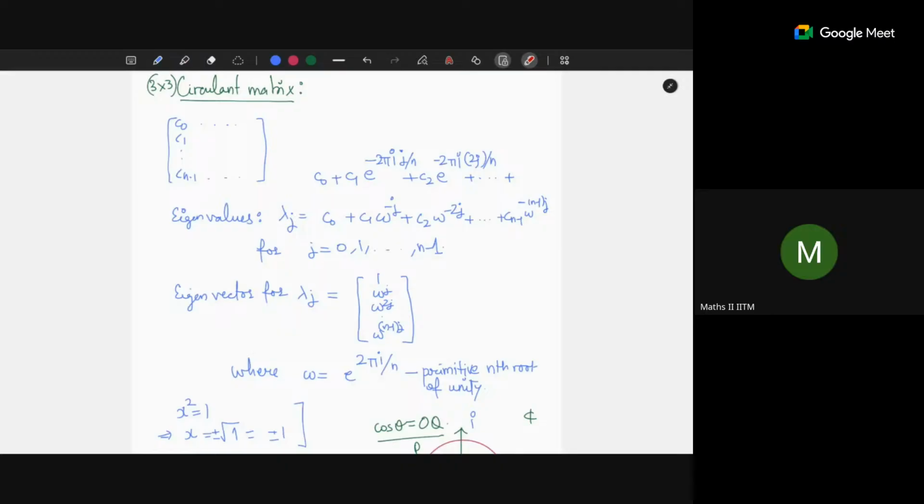The eigenvalues take their entries from the columns, so the eigenvectors become independent of the choice of the numbers in the columns. It is all because of the specific form that it has: up to this it's n minus 2, and so on, and C naught will come at the end.